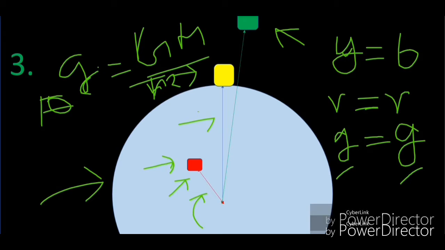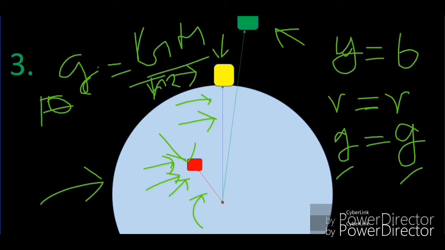And here we have seen that the distance between the center and the yellow object is greater than for the red object, that means the red object has a weight greater than the weight of the yellow object, because the yellow object is farther away than the red object from the center of Earth.